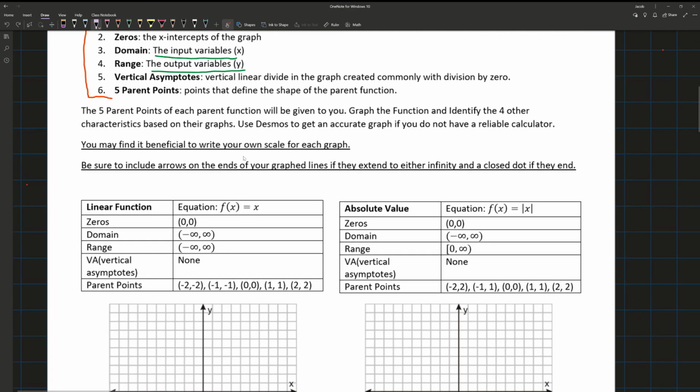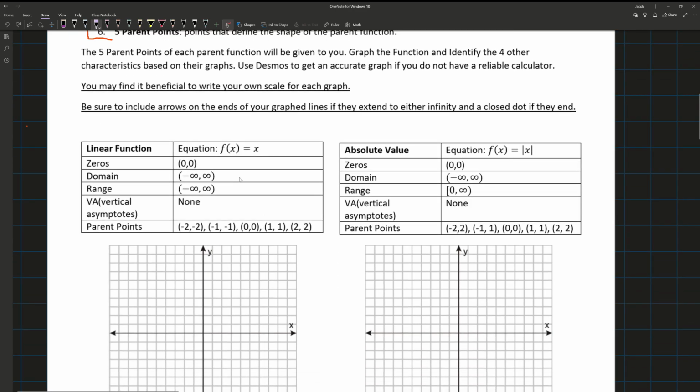And what I'd like you to do is take the characteristics given to you. You can see the domain and range and interval notation there for things like the linear function, absolute value function, and the rest of these, and graph these functions. If you get stuck, go to Desmos. That's pretty helpful.